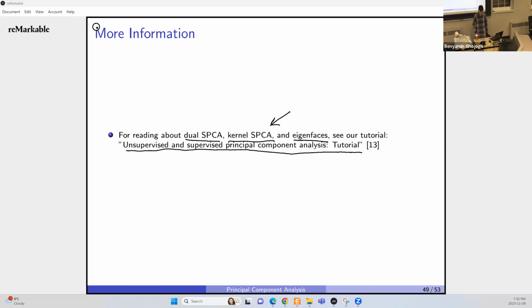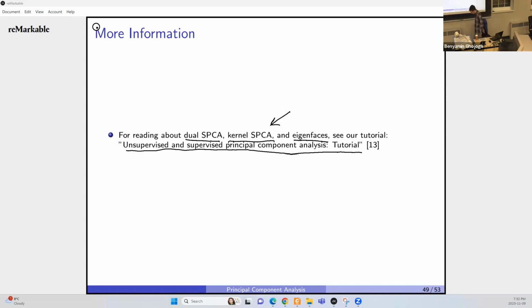But what is eigenfaces? Let me tell you briefly. In the area of face recognition, in ancient times, around the 1990s to 2000, before the time of deep learning, people were using PCA and these linear algorithms for face recognition, right?